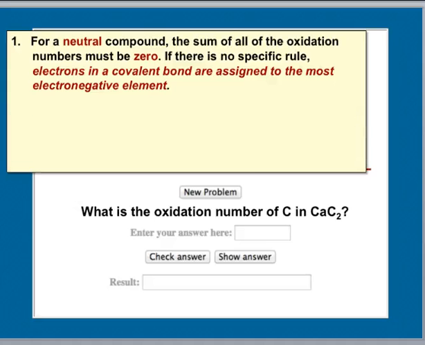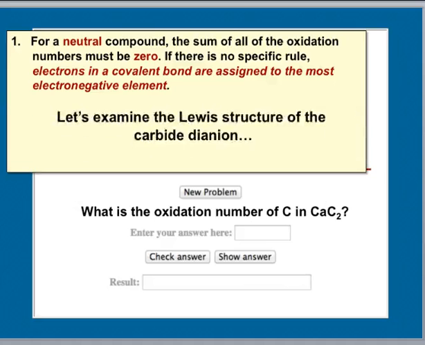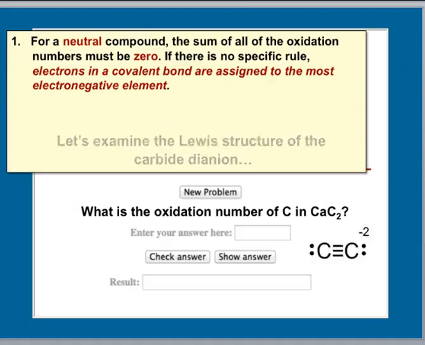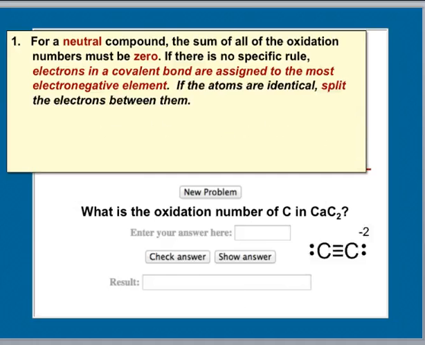So here's our Lewis structure. Looks like this. Because they're the same, we're going to split all the electrons. So this carbon now has 1, 2, 3, 4, 5. And so does the other carbon.